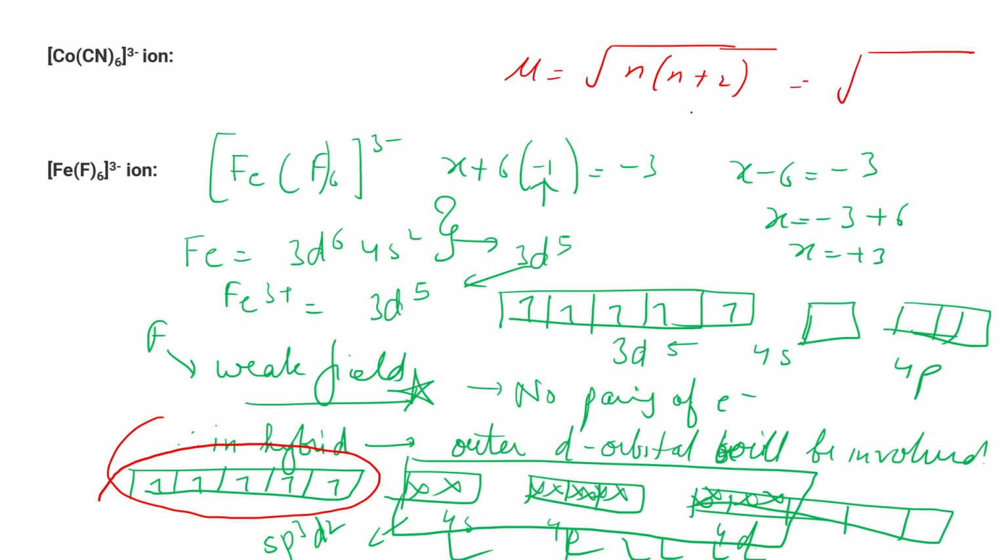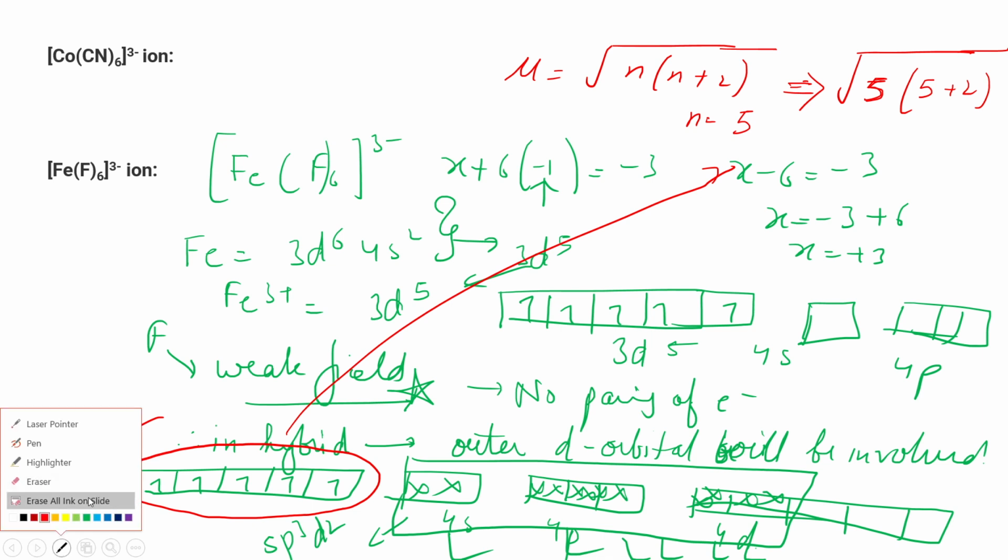Calculate the value. n is the number of unpaired electrons. Number of unpaired electrons over here is 5. So 5 into 5 plus 2. Solve this, the value will come out. Please do the calculation and solve it. We'll come to the next example.